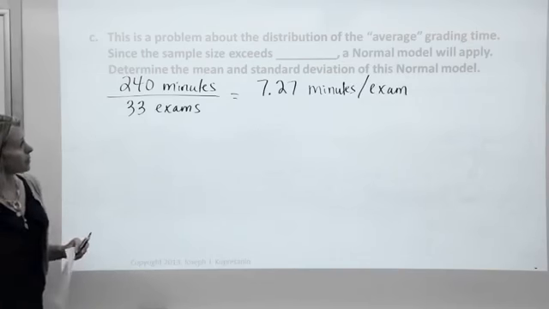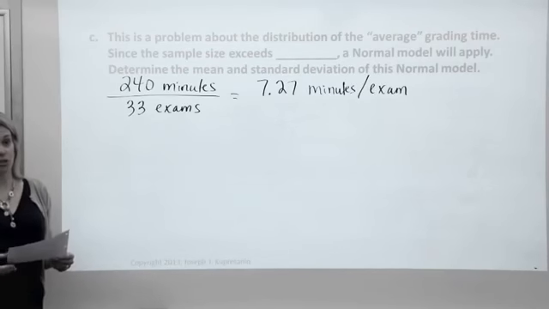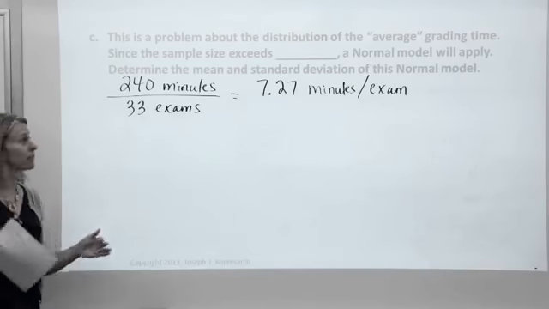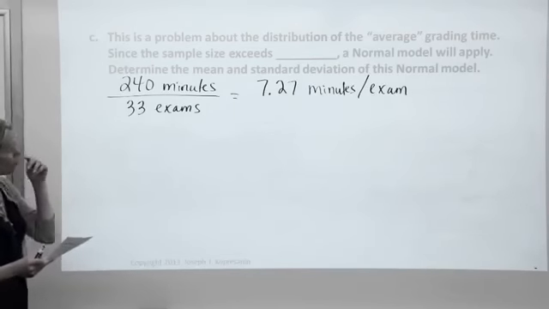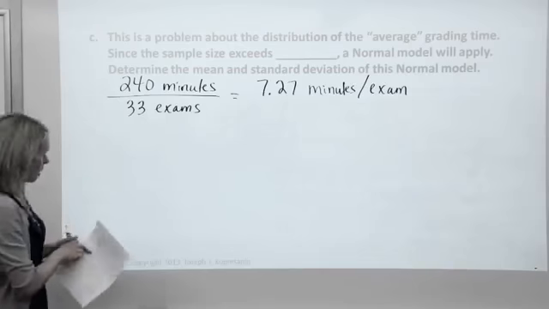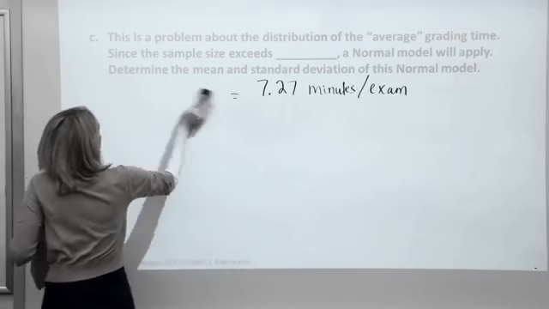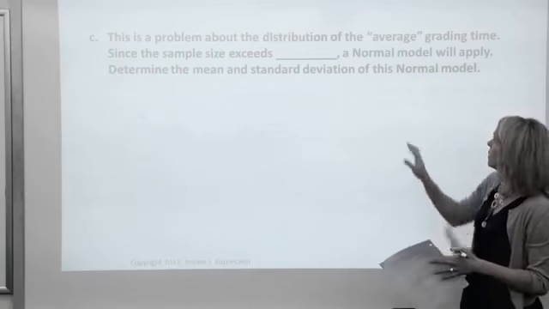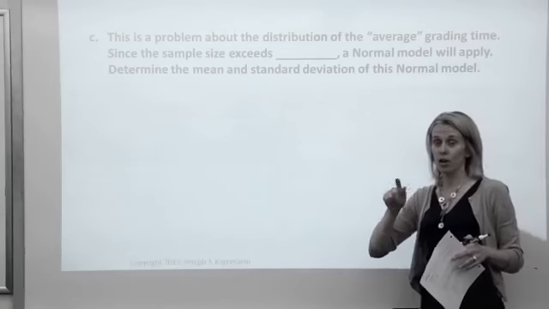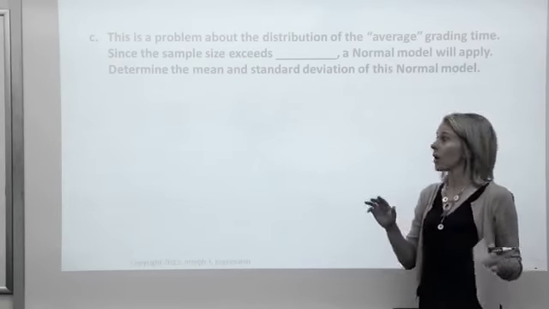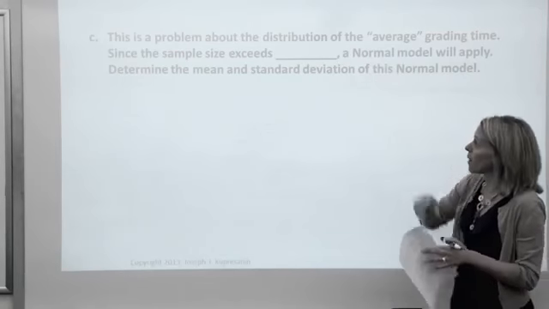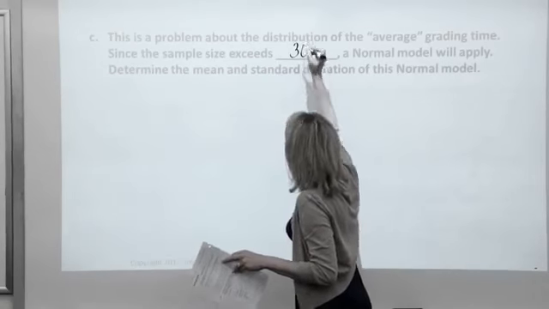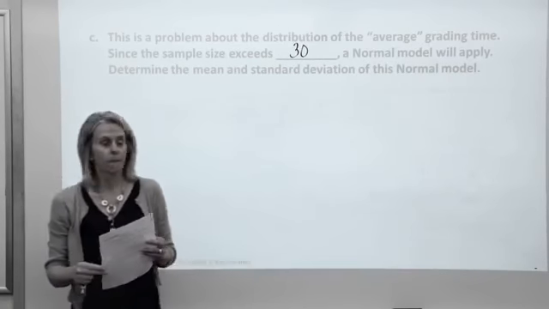This is a problem about the distribution of the average grading time. Not how long it takes to grade an individual exam, but on average how long it takes to grade this group of 33 exams. Since it's 33 exams, the sample size does exceed 30, and so even though the distribution of individual grading times didn't follow a normal distribution, the normal model will apply since our sample size is over 30 here, is sort of a larger sample.